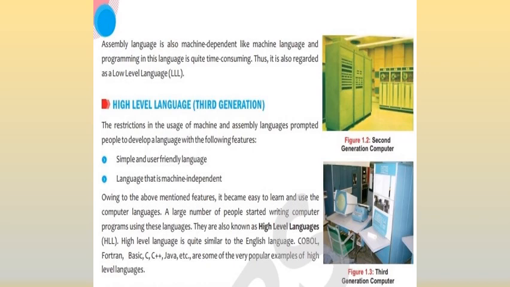So it is very easy to learn and use high level language. A large number of people started writing computer programs in these languages. A few examples are COBOL, Fortran, BASIC, C, C++, Java, etc.